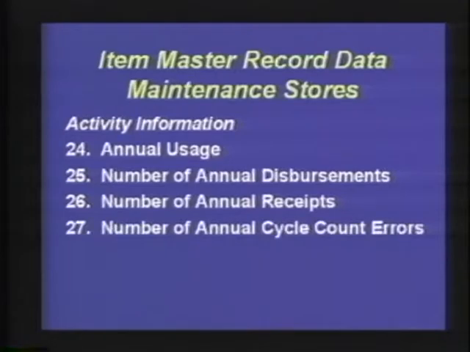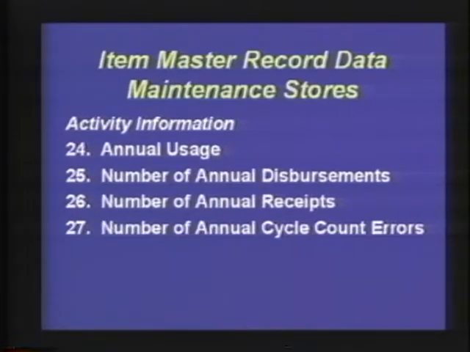And then number 27 is the annual cycle counts and the cycle count errors that we may have found. And generally, when you start off with cycle counting, you're going to detect some errors.